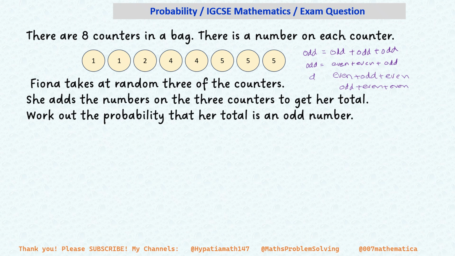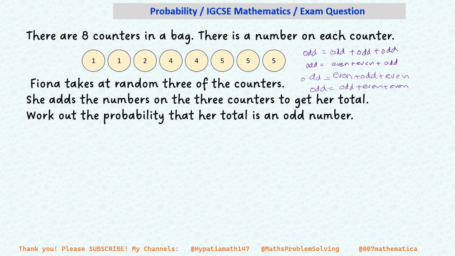So all of these three cases would result in an odd number. So we need to work out the probabilities for each of these and add them up. That would give us the answer.